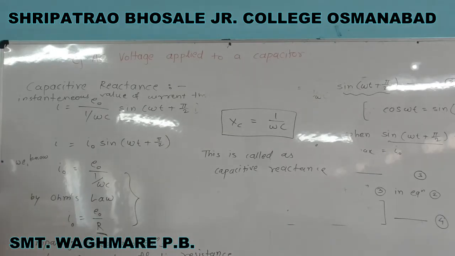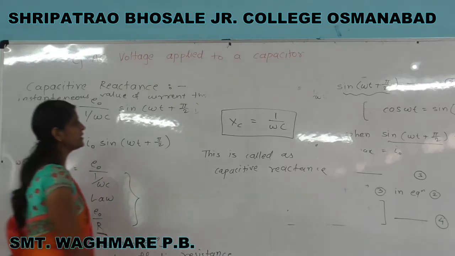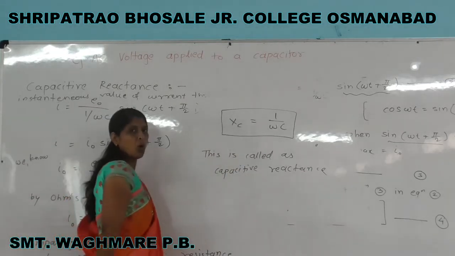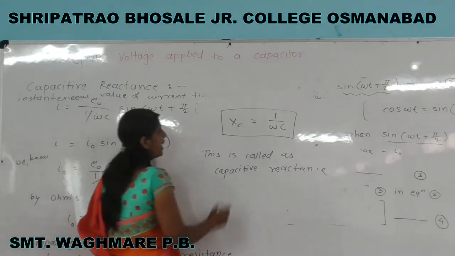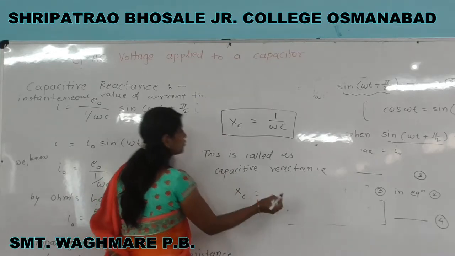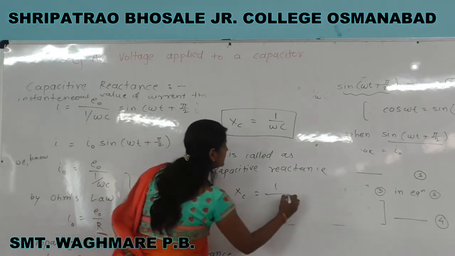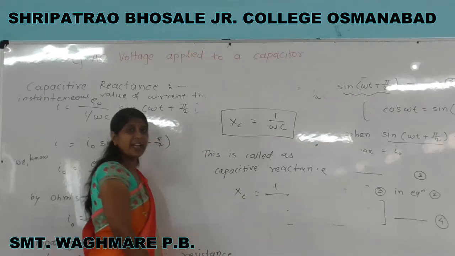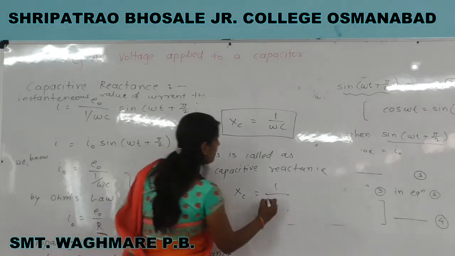Therefore, Xc, the capacitive reactance, is equal to 1 upon omega c, and this can also be written as Xc is equal to 1 upon 2 pi f c, where omega is equal to 2 pi f.